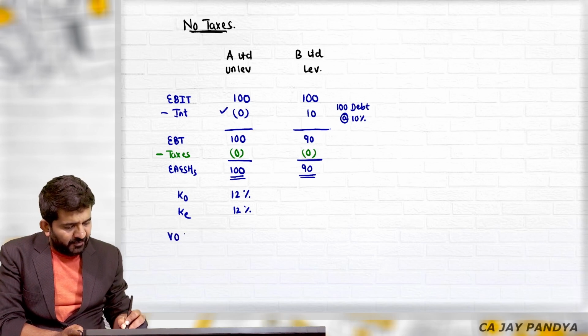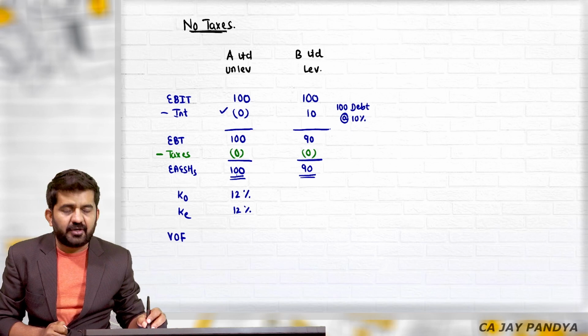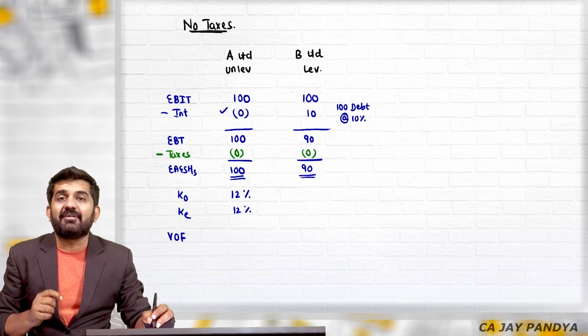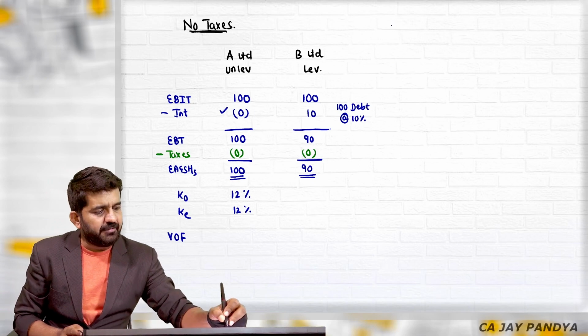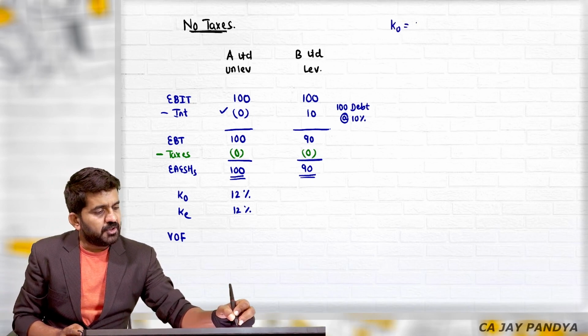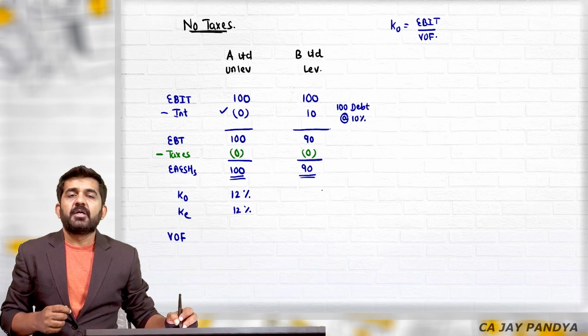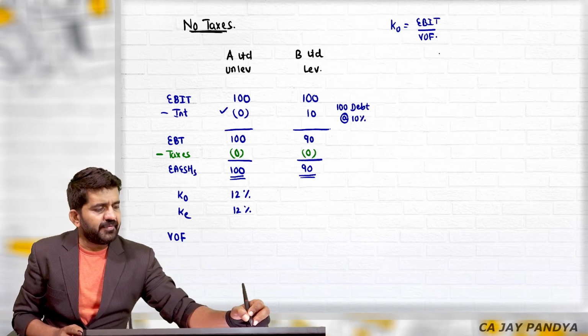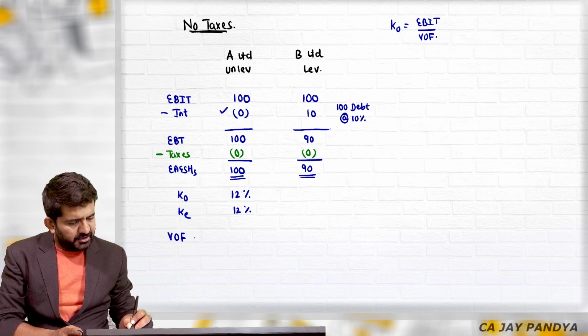What will be value of a firm? Can we use the formula earnings of EBIT divided by KO? Yes. If there are no taxes, this formula can be used. KO is equal to EBIT upon value of firm. So value of firm is equal to EBIT upon KO. So EBIT is 100 and KO is 12%.